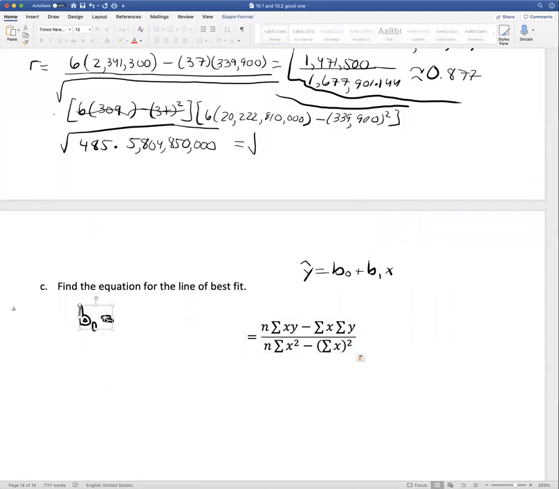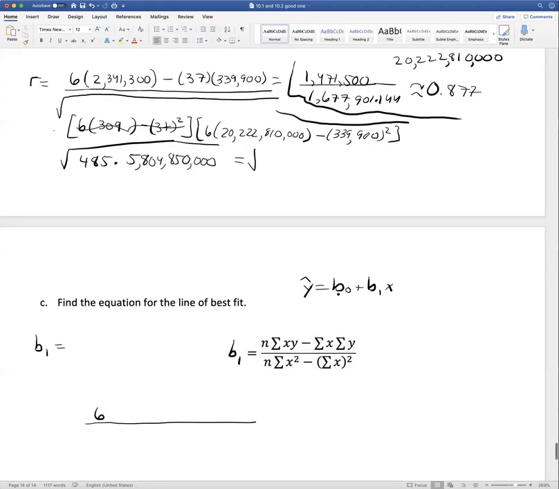Okay, so b1 is equal to n times sum xy minus sum x times sum y. Let's just start plugging this information in. In regards to the information above, we know that we have 6 ordered pairs, so we're going to call n 6. Now this should look familiar: sum xy minus sum x times sum y.